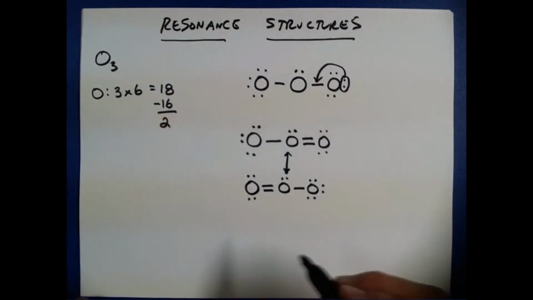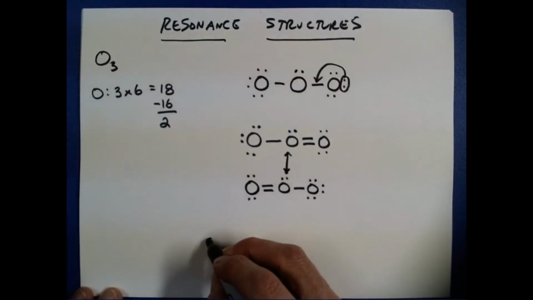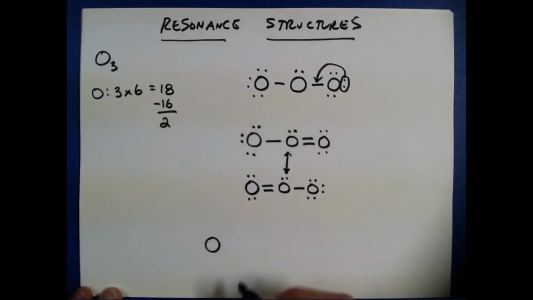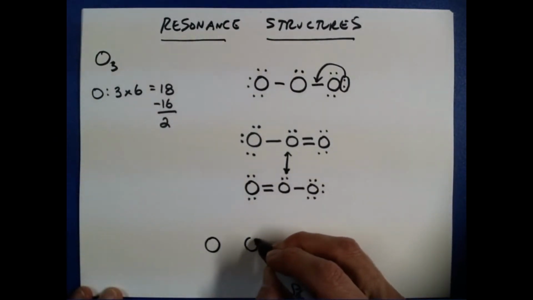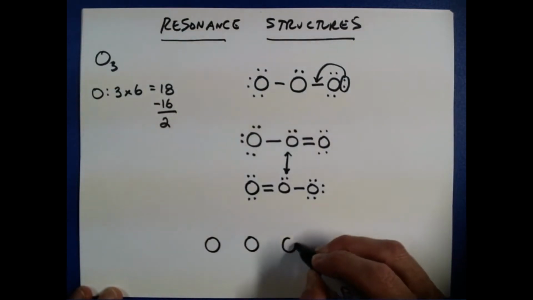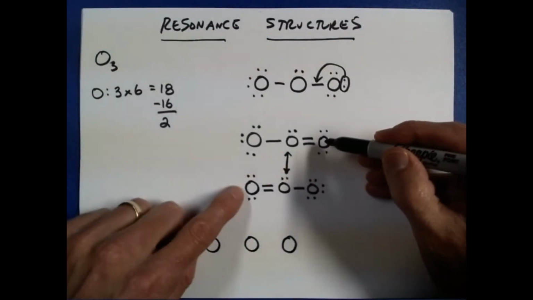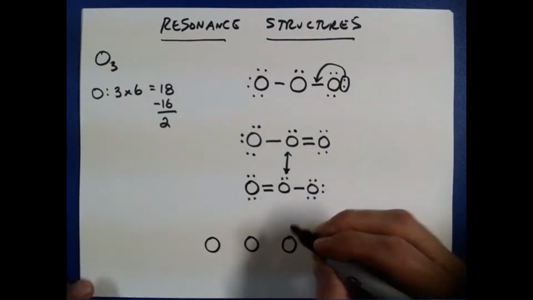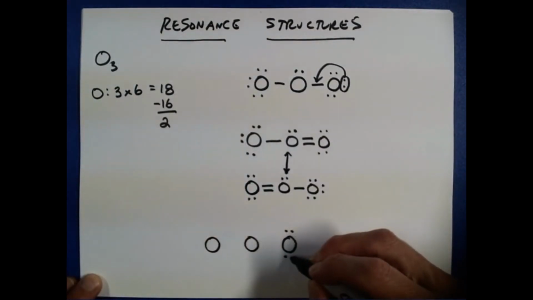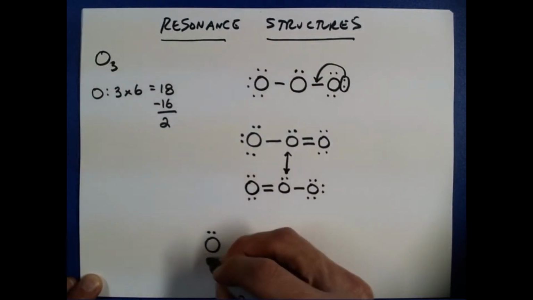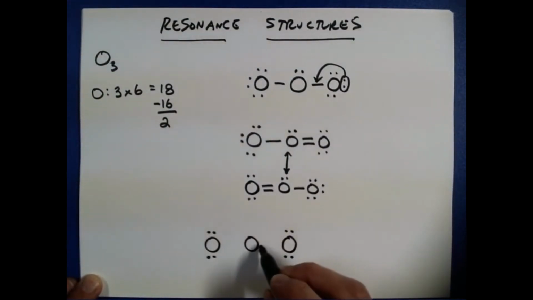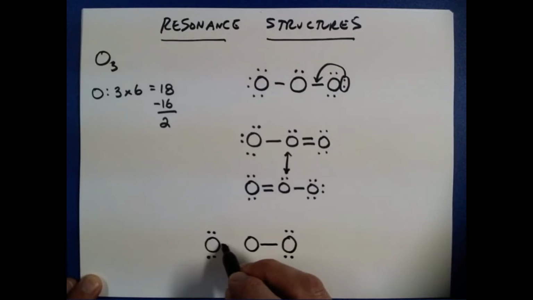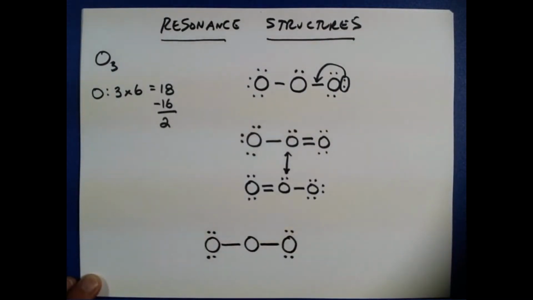And the way I'll represent that is, we'll do an oxygen atom over here, an oxygen atom in the center, and an oxygen atom over here. We notice in both Lewis structures, that the outer oxygens have at least 2 lone pairs. And of course, both oxygens are bonded to the central atom like this.